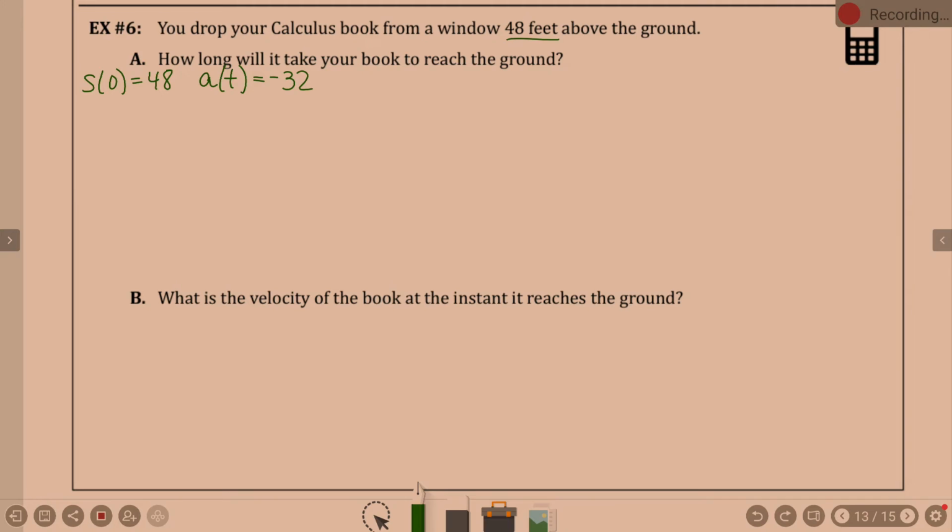What do we know about our velocity? What is your initial velocity? It's 0, yes? The velocity at time 0 is 0 because you are just holding the book. We want to know how long it takes the book to reach the ground. So what do we need to find?